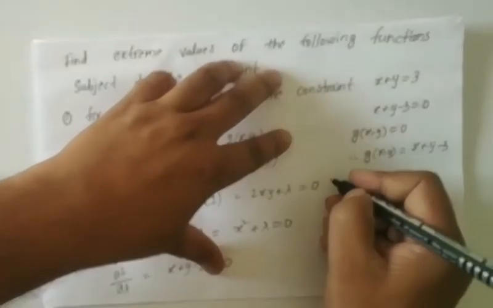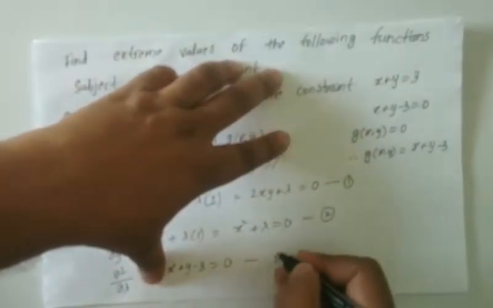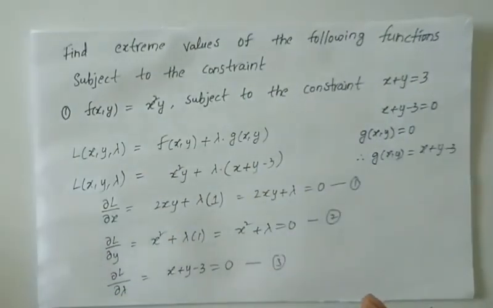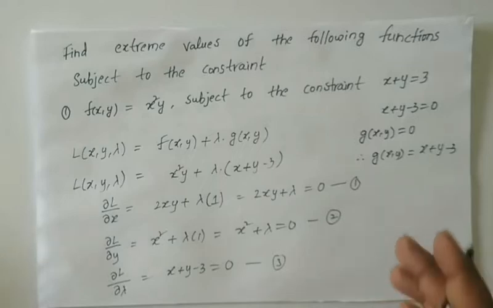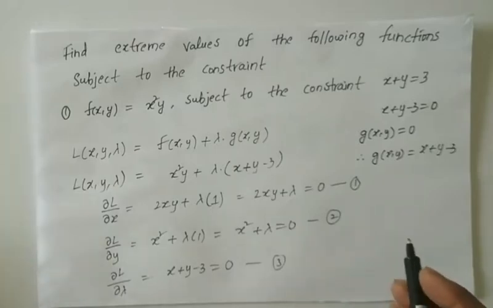Let us name these equation 1, equation 2, equation 3. Now let us solve equations 1, 2 and 3; by solving them we get the values of x, y, lambda.